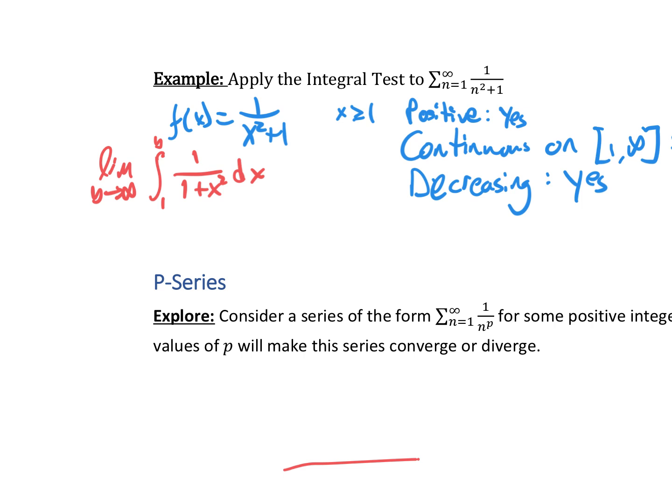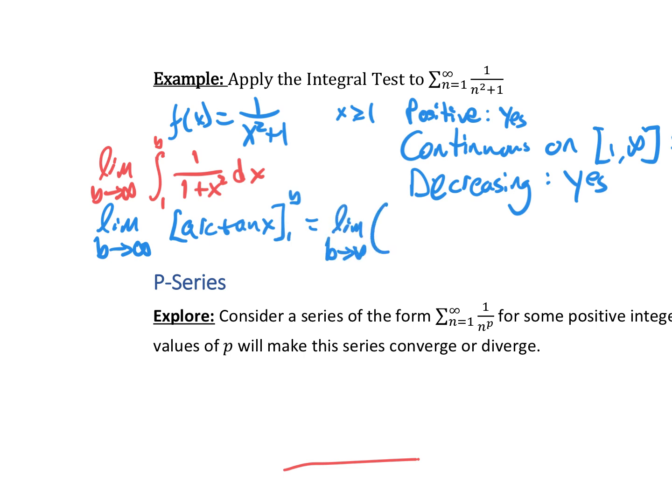So this is the arctan of x from 1 to b, and the limit of that. Okay. And that is going to be the limit as b goes to infinity of arctan b minus arctan of 1.